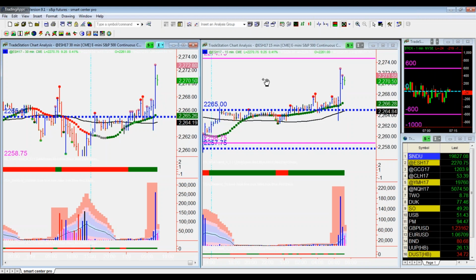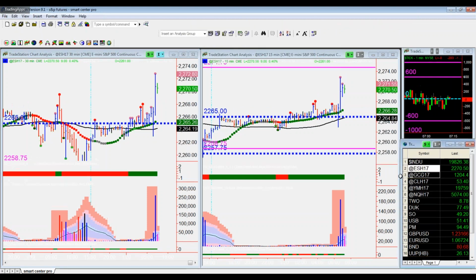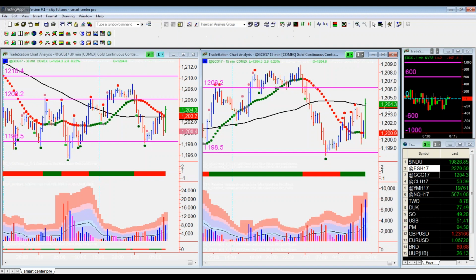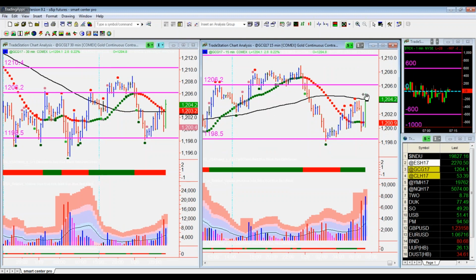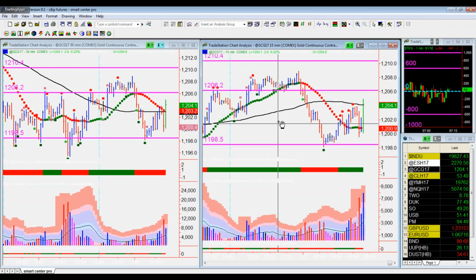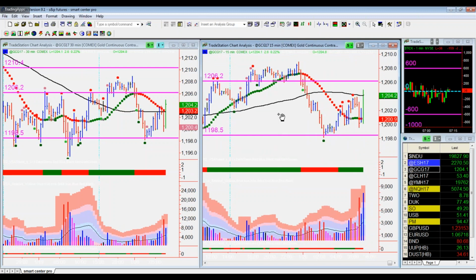I'd rather buy a pullback or have it dip through that old support level and show it as resistance. And with that in mind, I'd prefer to short any up moves into resistance at the moment with gold. If the S&Ps fail, gold will start rallying, and then I can reverse my thinking and start buying pullbacks. That's the intraday stuff. That's kind of what I'm looking for on both gold and the S&Ps.